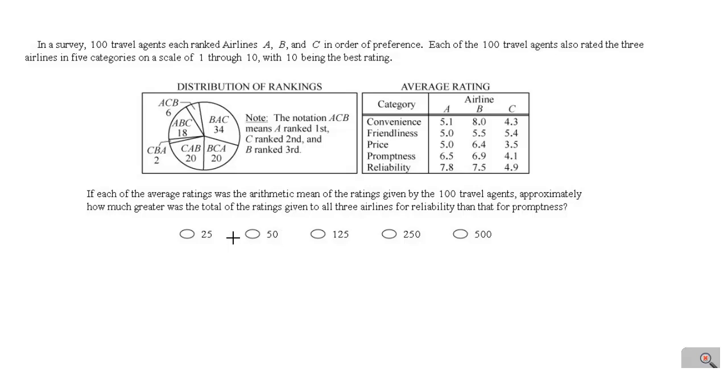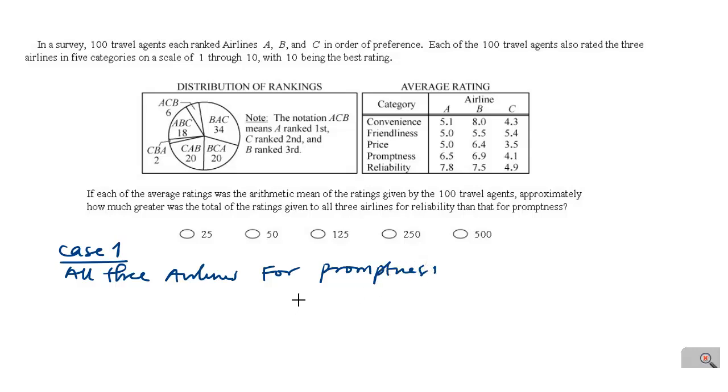So what we need to do is to solve it in cases. So case 1, we want to check all three airlines for promptness. So let's look at them.